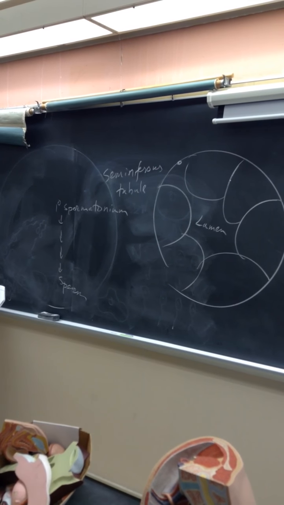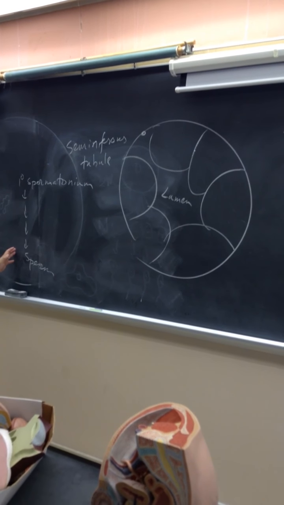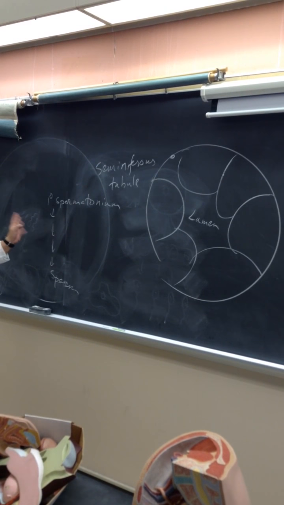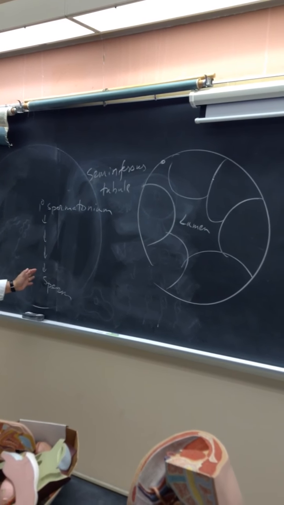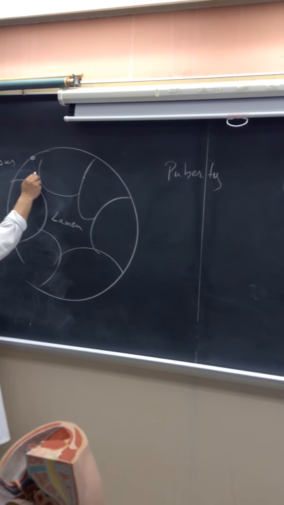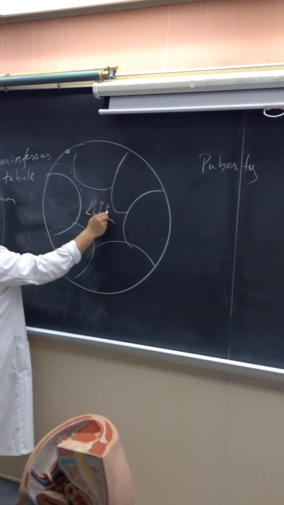Maybe today or next week we're going to see this development of the sperm, and the process is known as spermatogenesis. Maybe I'll give you the steps toward the end. It usually starts from here and goes forward. In the lumen is where you find the sperm.